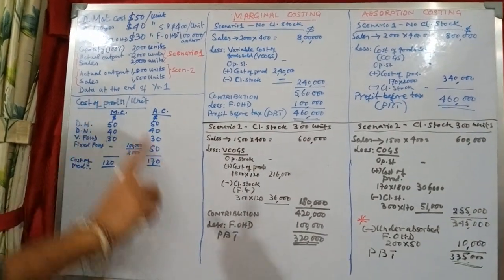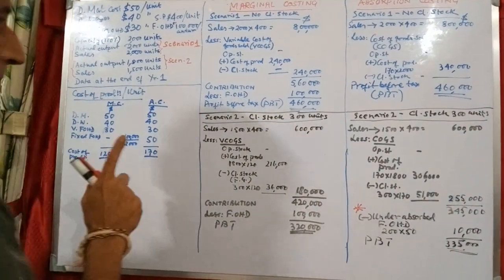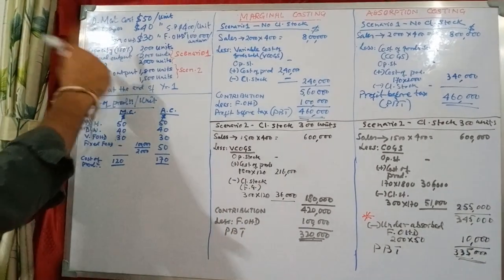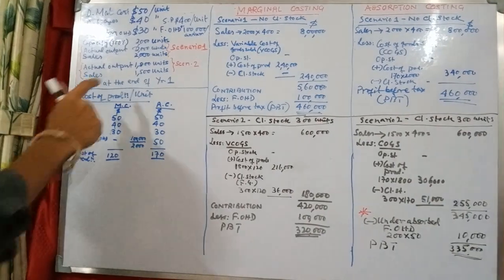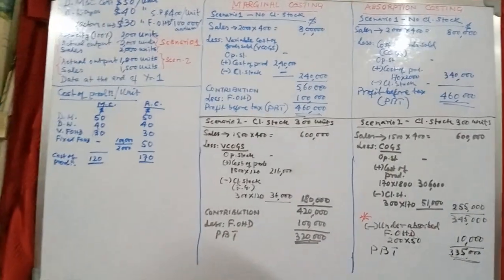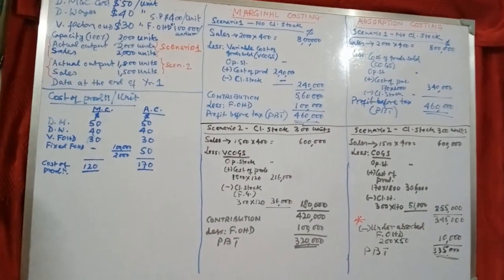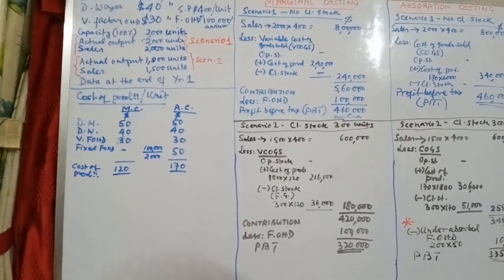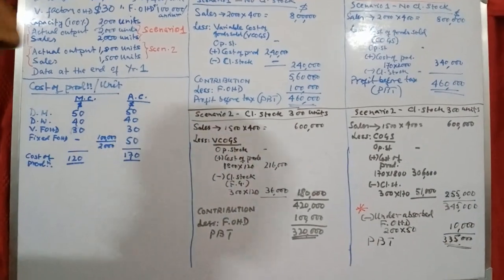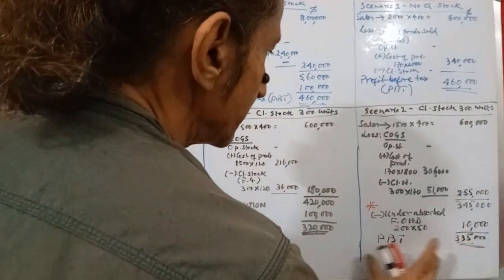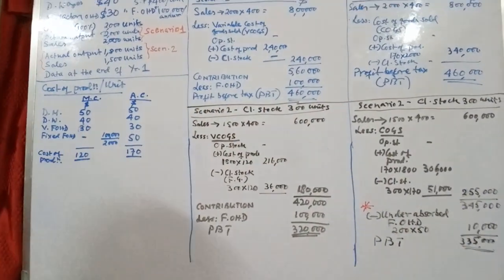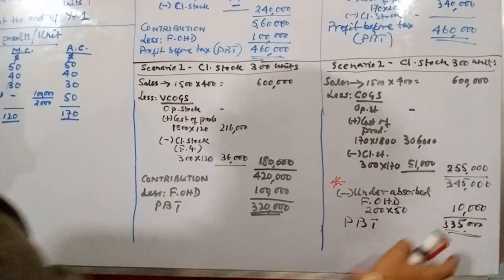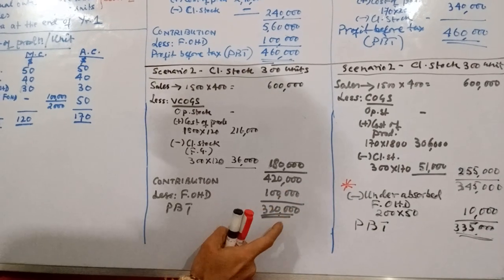But in scenario 2 we have considered closing stock. Actual output differs from sales. Sales is less than actual output by 200 units. Correct? Due to this, profits have differed. Under absorption costing it is 335,000 and under marginal costing it is 320,000.